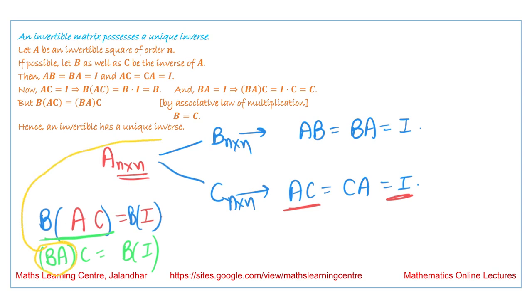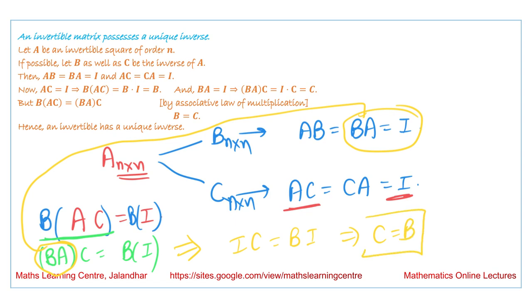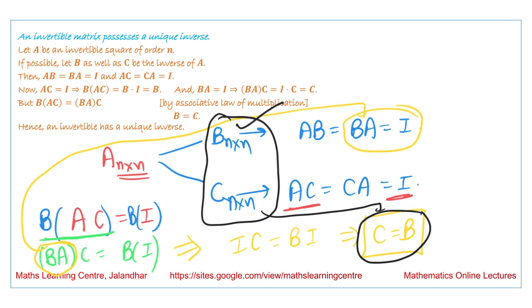B into A is the identity matrix. So this implies that I into C is equal to B into I, and this implies C is equal to B. It means, as we started the proof, we said suppose there are two inverses B and C. If there are two inverses, then they must be equal. It means that the inverse is unique. An invertible matrix always has a unique inverse.